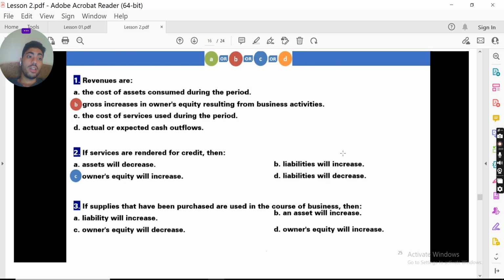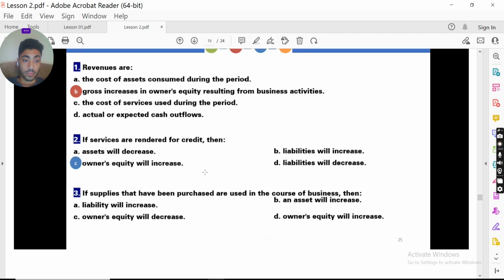What will happen if the revenues increase? The assets increase and the owner's equity increases. Whether you're going to be paid by cash or credit, today or tomorrow, it doesn't matter. This means that your owner's equity will increase.